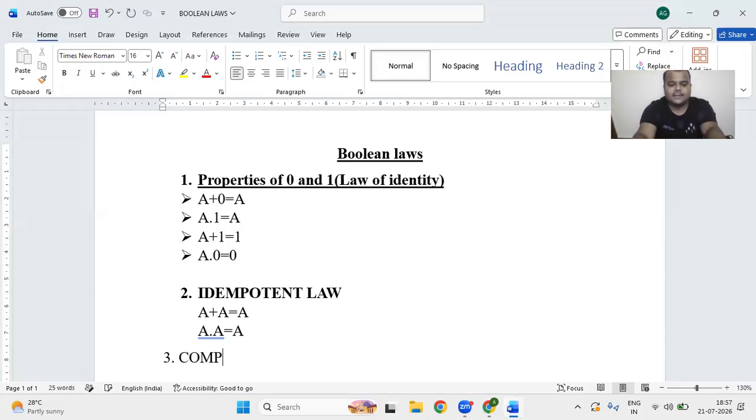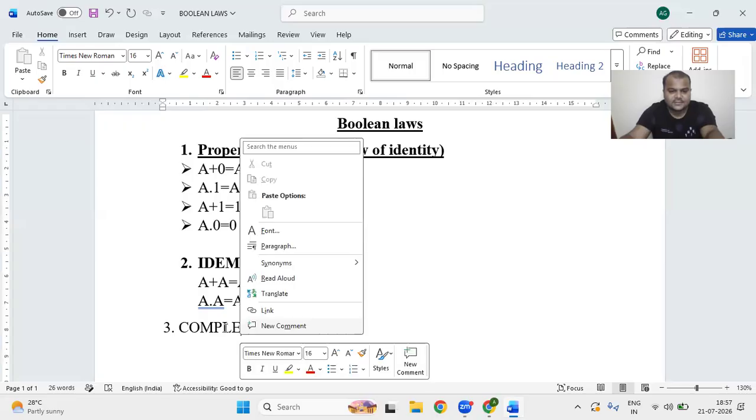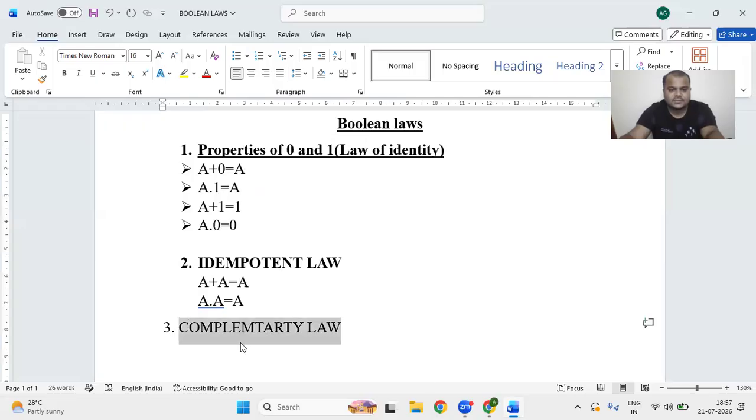Spelling I have made a mistake. It is not showing spelling change only. Complementary law.